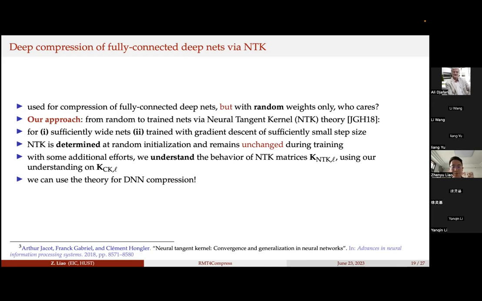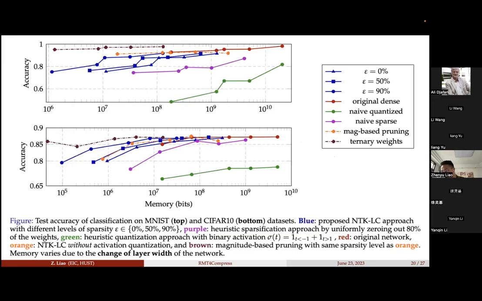Here is a figure of a numerical evaluation of our proposed methods, again on real-world data. On top is MNIST handwritten digit classification, and on the bottom is CIFAR-10. The x-axis is again the memory, and the y-axis is the accuracy, so we are looking for the upper left corner: less memory and good performance.